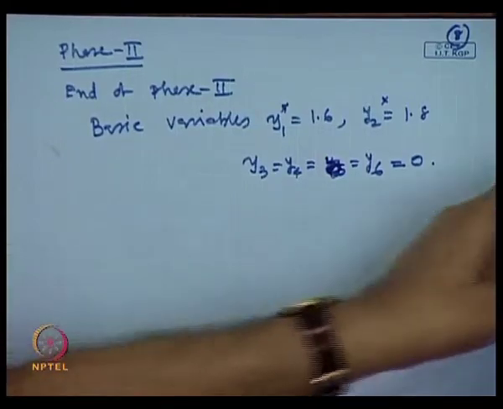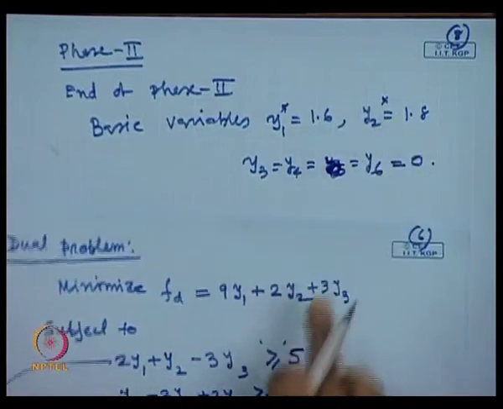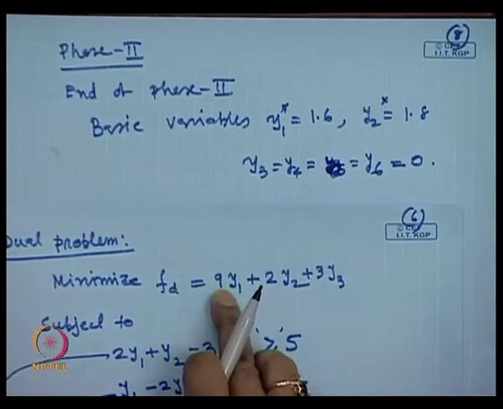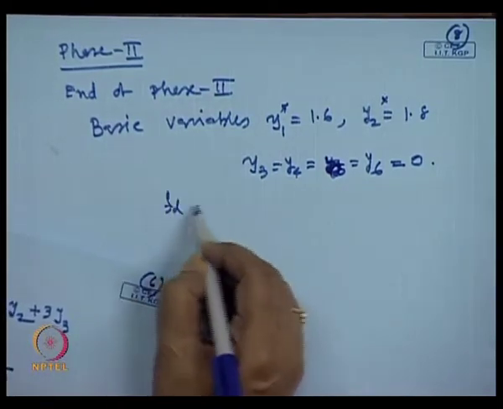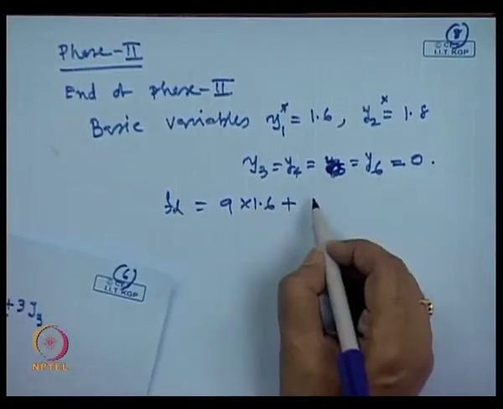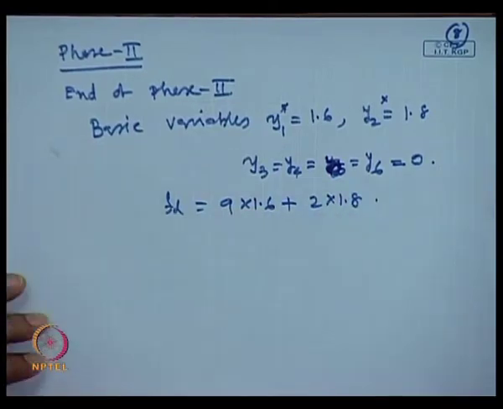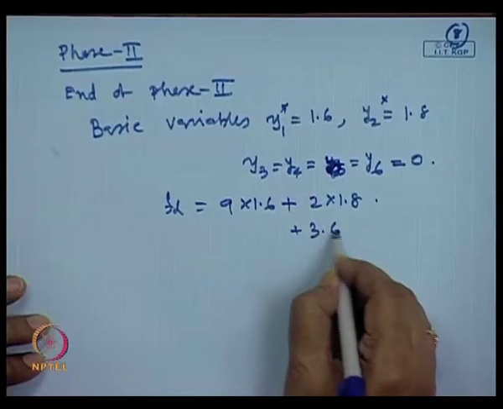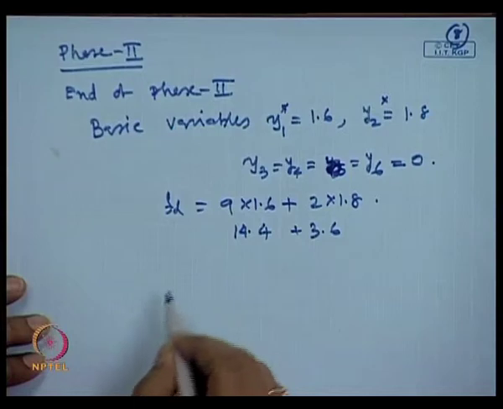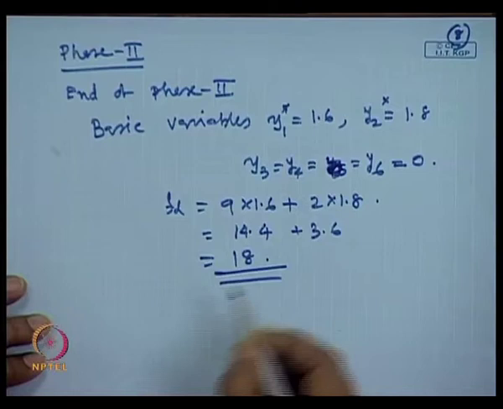Now, see what the objective function value is: y1 is 1.6, y2 value is 1.8, y3 value is 0. So, f d is 9 into 1.6 plus 2 into 1.8, which is 14.4 plus 3.6, so f d value will be 18.